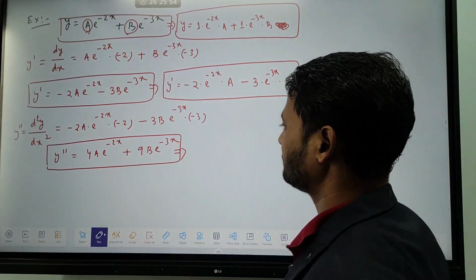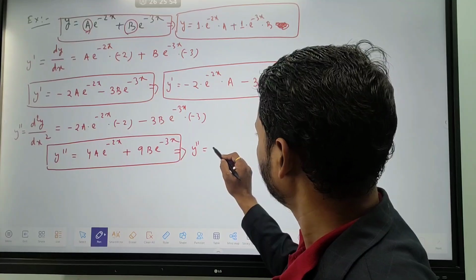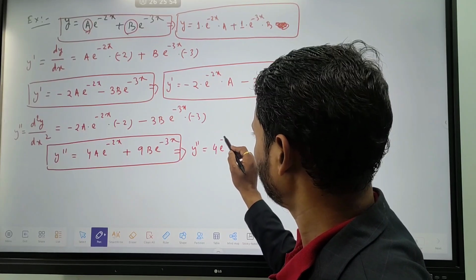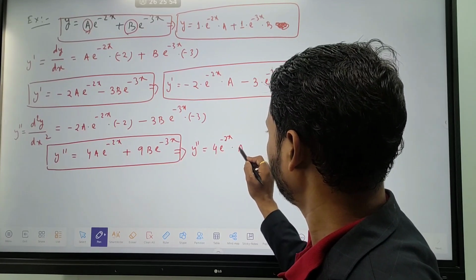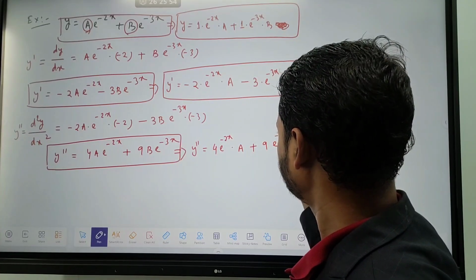From this, the third one is y double dash is equal to 4 into e to the power minus 2x into a plus 9 e to the power minus 3x into b.